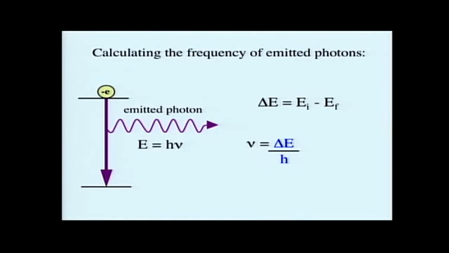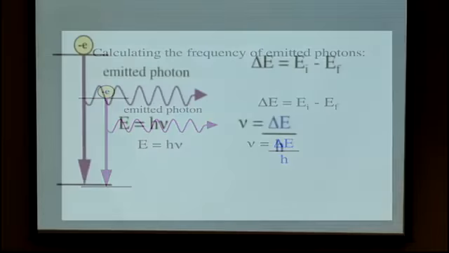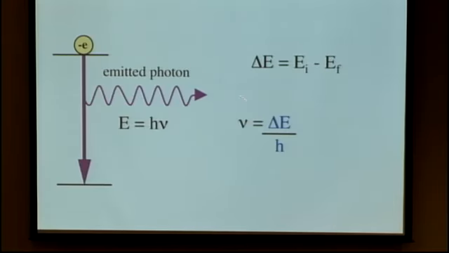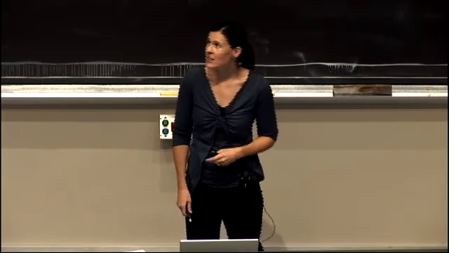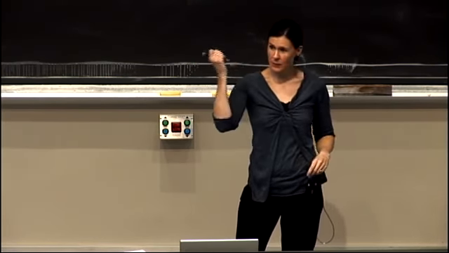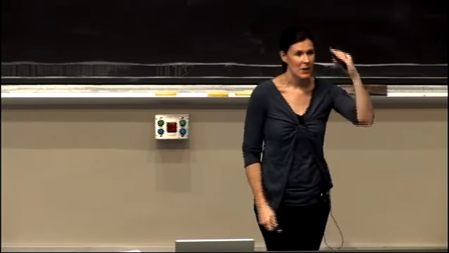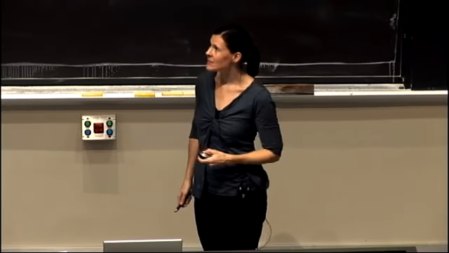And since here we're talking about a delta energy, we're going to talk about the frequency as being equal to delta energy over h. Or we can say the frequency is going to be equal to the energy initial minus the energy final all over Planck's constant. So this means that we can go directly from the energy between two levels to the frequency of the photon that's emitted when you go between those levels.